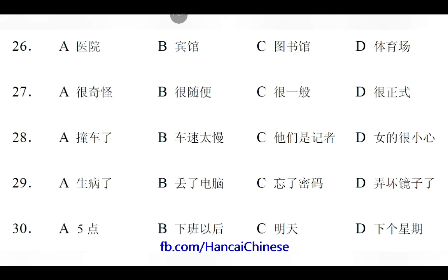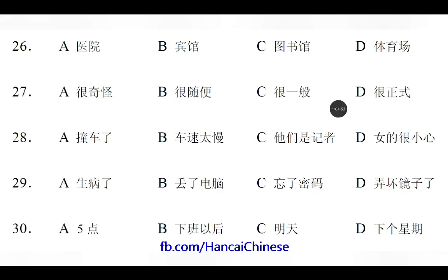By these two, what do we understand? They are in a hospital. Okay, now read the options of the question. And these options are totally irrelevant to the audio, so you can easily understand.